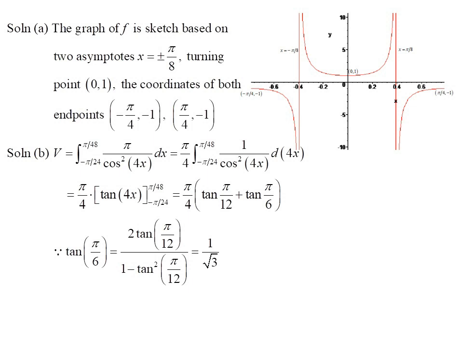Since tangent pi over 6 equals 2 times tangent pi over 12 over 1 minus the square of tangent of pi over 12, which equals 1 over square root of 3, we have the equation: the square of tangent pi over 12 plus 2 square root 3 times tangent of pi over 12 minus 1 equals 0.